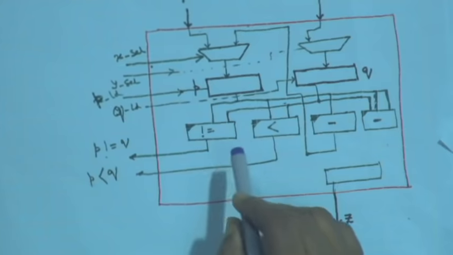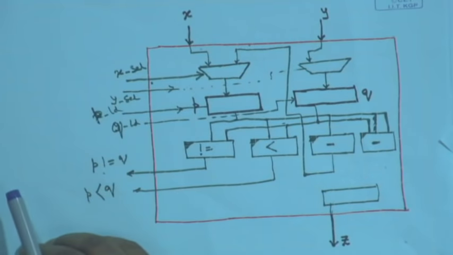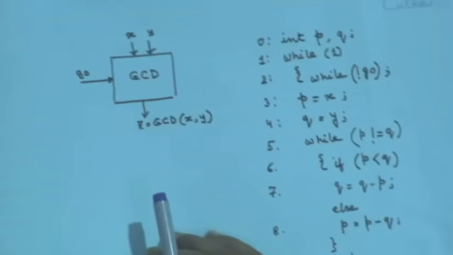We got an FSMD here, right? And based on that, we first developed the data path, and then we proceeded to design the control path. Now, after we did that, we went for optimization.